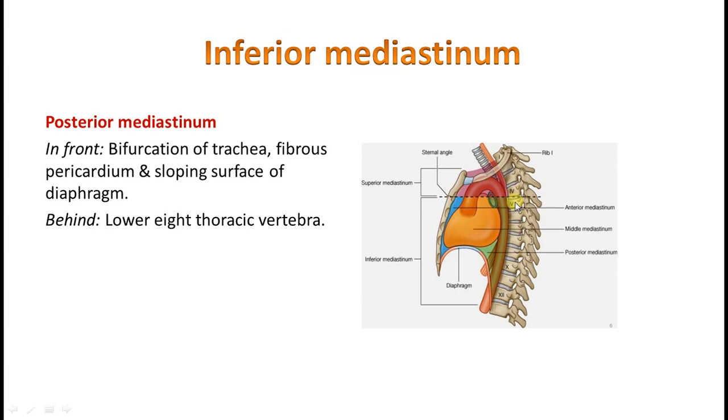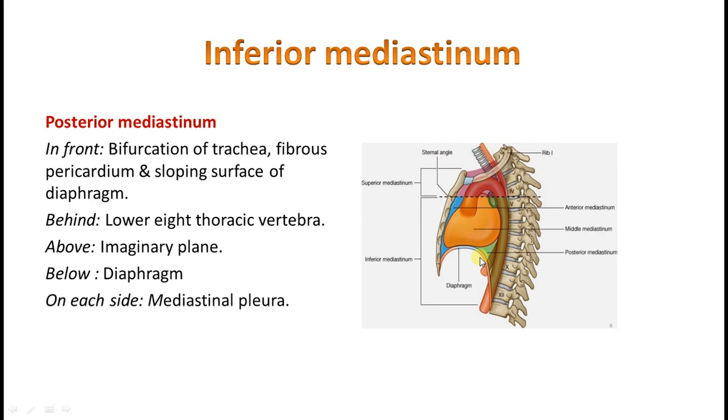Below the imaginary plane, it is the bodies of the lower 8 thoracic vertebrae and the intervening intervertebral discs. Above is the imaginary plane and below is the diaphragm. So these are the boundaries of the inferior mediastinum.